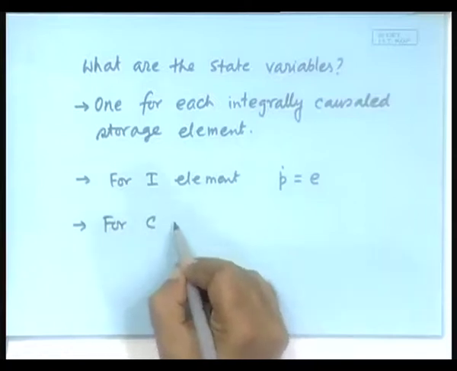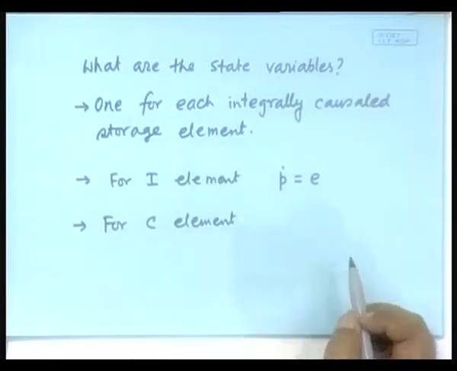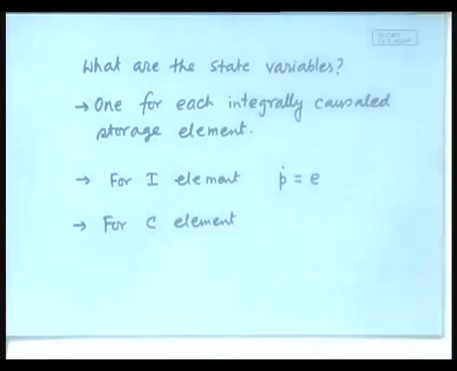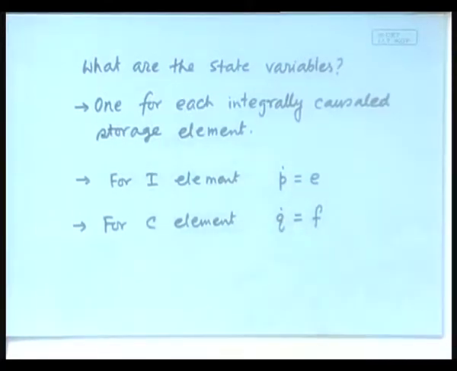For the C element, we would like to express the right hand side in terms of the effort or the flow. These are the variables that we know in bond graph. So, in the right hand side it should be the flow, and in the left hand side it is the simple Q dot. So, the charge in the C element is the natural choice of the state variable. That is what we did earlier when we wrote the equations with the help of the Lagrangian methods.